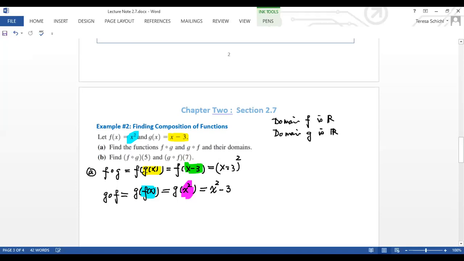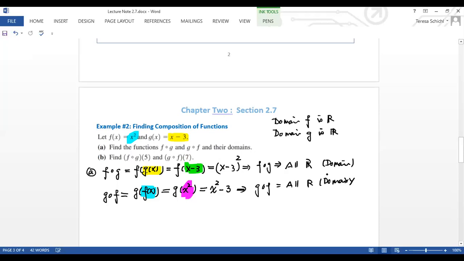Because the domain of G of x is all real numbers, the domain of F composed of G is also all real numbers, right? The same is true here because there's no restriction. The domain of f of x is all real numbers, and then you put it into the domain of G. So we know G composed of f also has all real numbers as its domain. So this is the domain. Think about it, right?